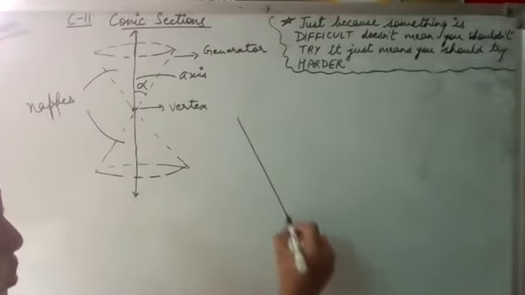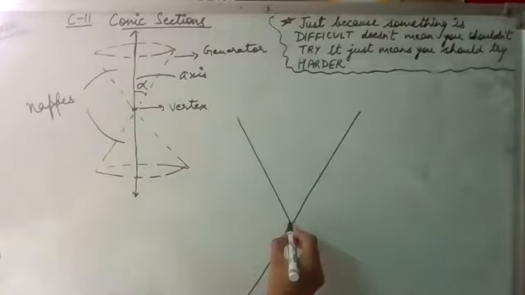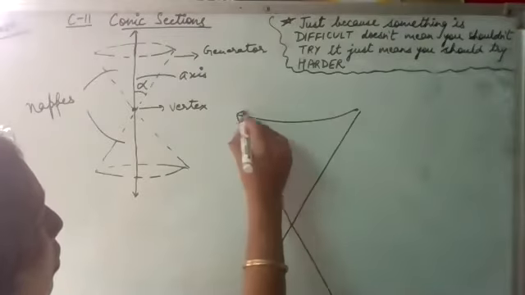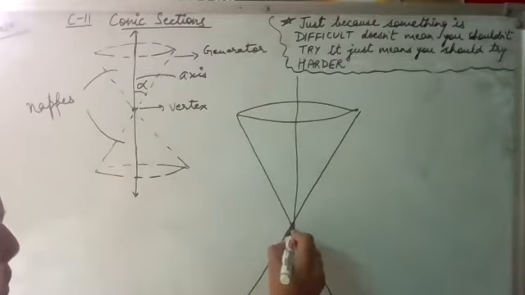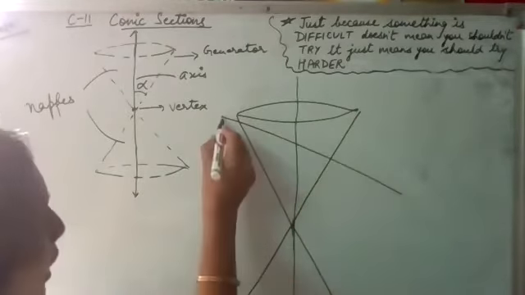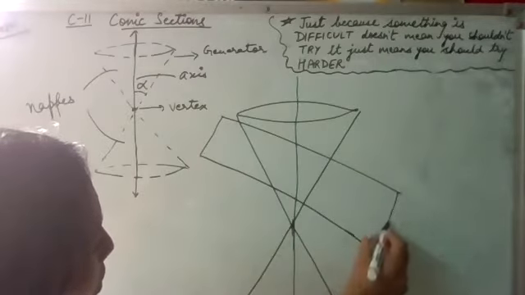I'm making another figure so that it will be more clear to you. This is the axis of the cone. It will be in the middle. And we are intersecting the cone by a plane surface. Any plane we are having here.